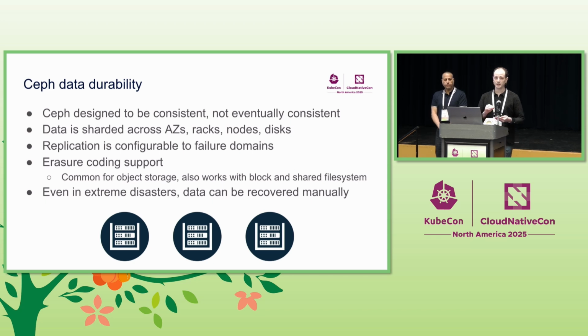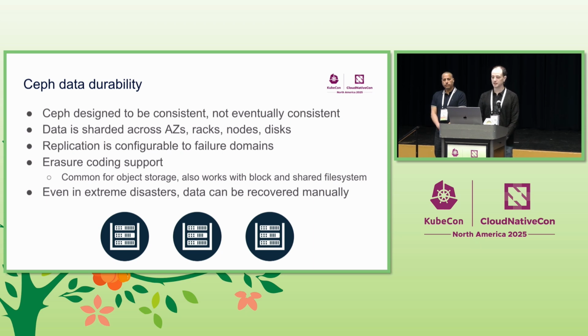Importantly, Ceph has strong data durability. It's designed to be consistent, not eventually consistent. When Ceph says that your data is written, it is actually written, and it is actually persisted. Your Ceph data is sharded across availability zones, and commonly we see racks, nodes, and disks being in the tree of deciding how things are sharded.